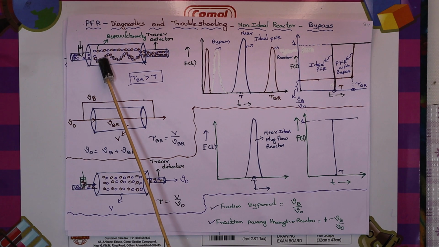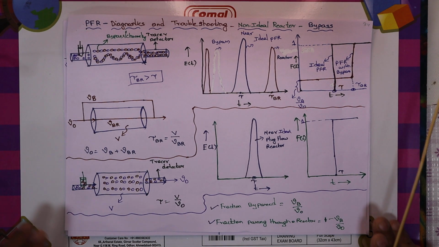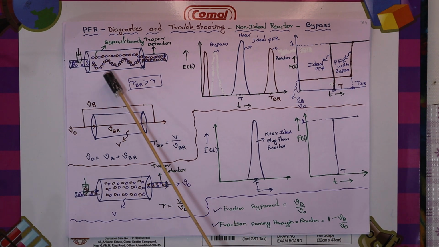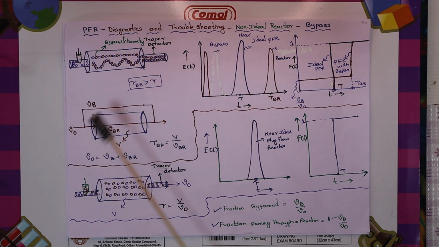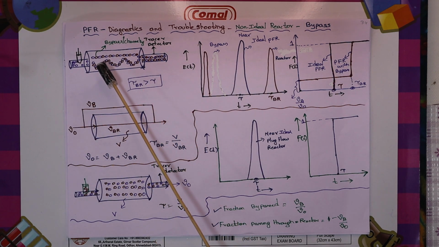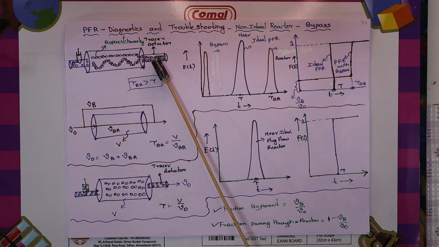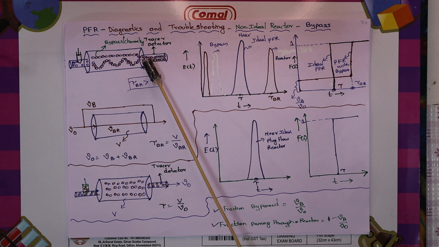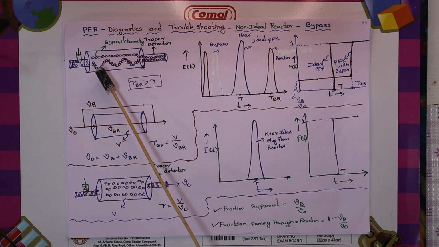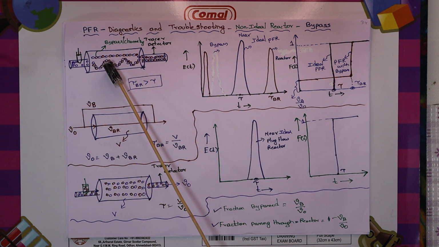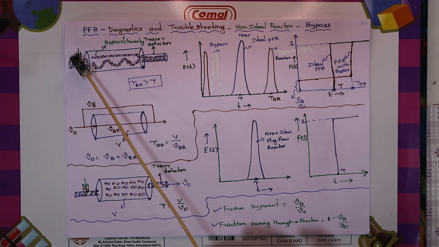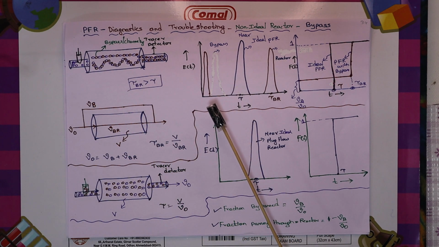There are molecules which go through the entire volume and participate in the reaction. That means the short-lived elements, which spend very little time, do not mainly contribute to the conversion. So if that is the case, can we identify this particular non-ideality through the tracer curve experiment? Simply inject a tracer and detect the tracer at the exit.